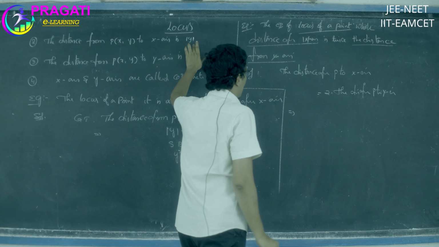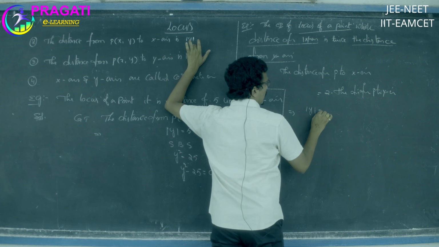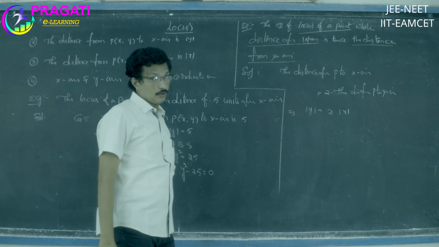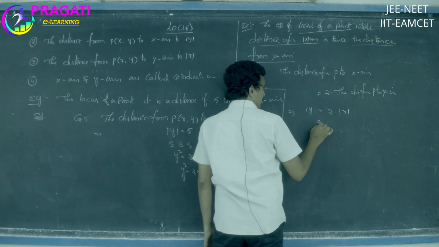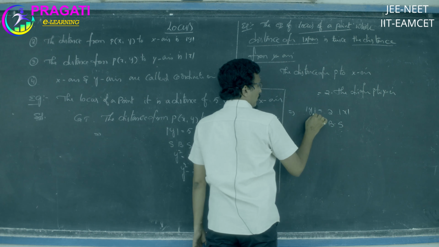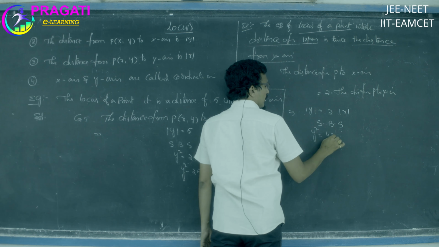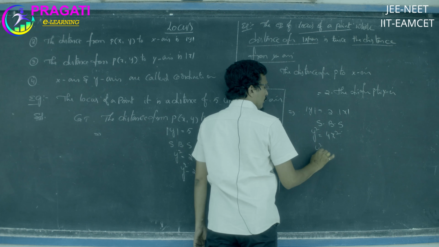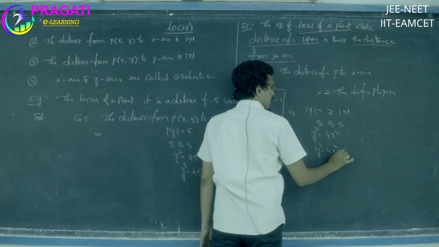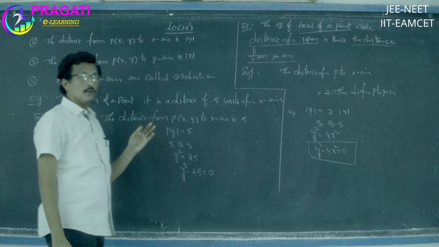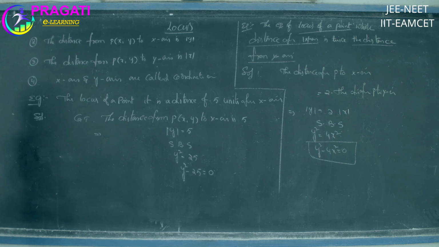The synopsis is mod y is equal to 2 into mod x. To remove mod, we use squaring on both sides. Mod y whole square can be written as y square, 2 square, mod x whole square can be written as x square. So y square minus 4x square is equal to 0. It is the required locus equation.